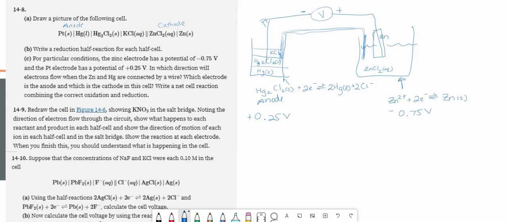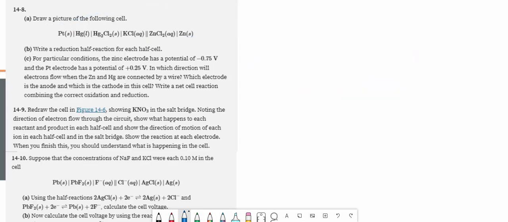Electrons always flow from less positive to more positive. So given these conditions, electrons will flow that way. So given these conditions, this is actually the anode, and then this is the cathode. As the cell is written, we usually put the anode on the left. And I erased that before I read the remainder.